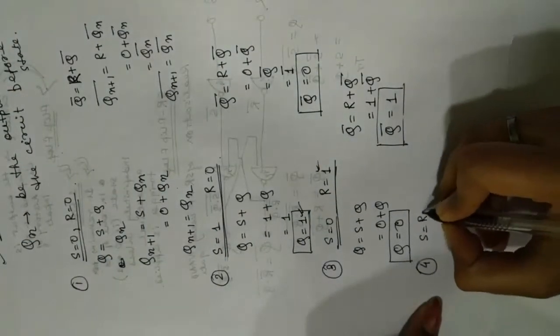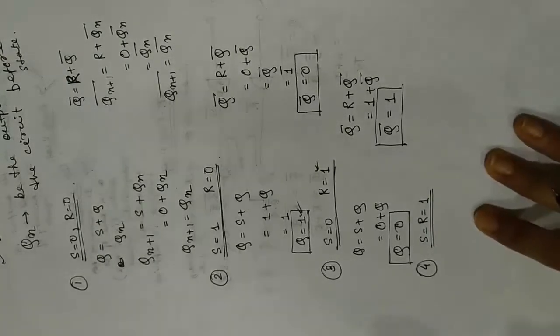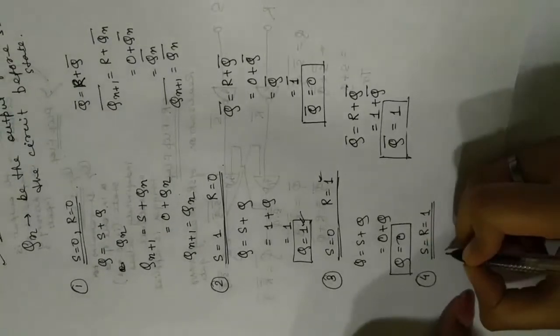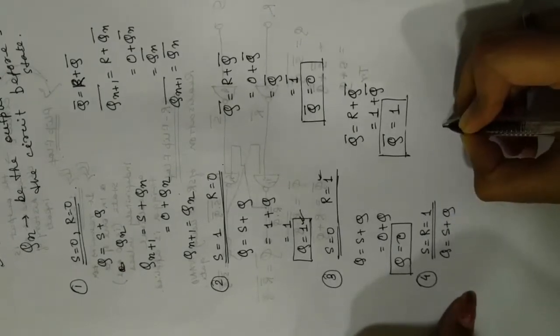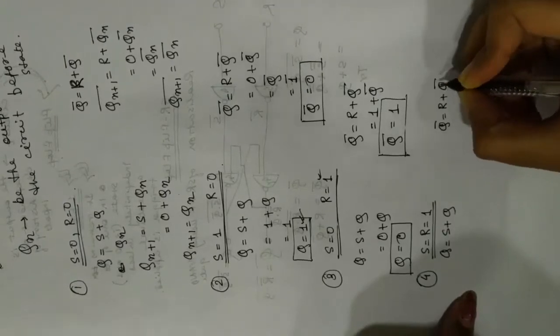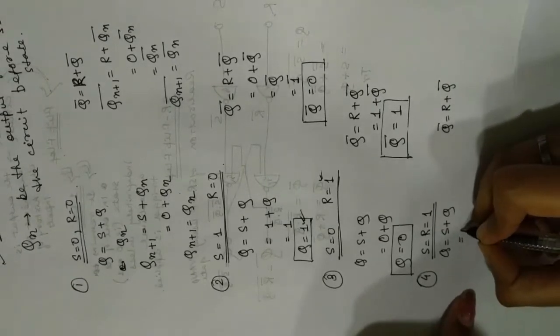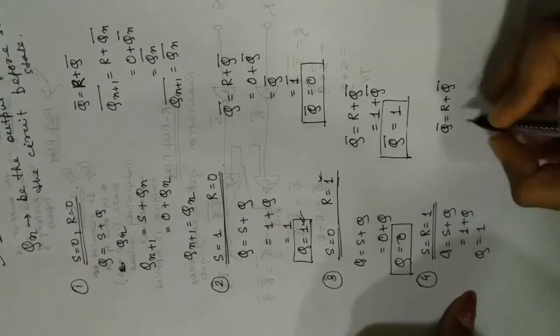S is equal to R is equal to 1. Now what happens in this stage? Why is this stage not allowed? Now Q is equal to S plus Q and Q bar is equal to R plus Q bar, right? Over here S is equal to 1 plus Q, so you get Q is equal to 1.